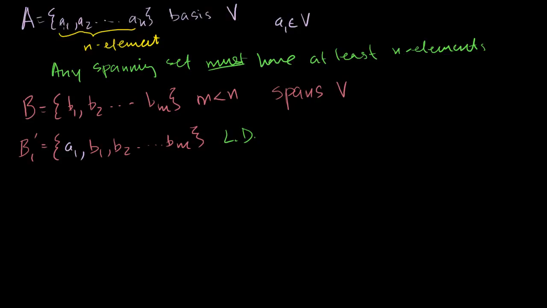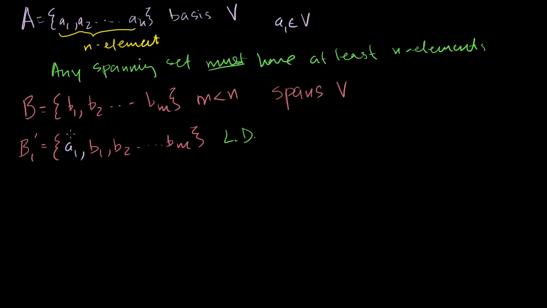Or another way to say it: every linear combination of these guys is in V. And one of the linear combinations is you just set the coefficient on a1 to be 1 and the coefficients on everyone else to be 0. So obviously a1 is also in the set.